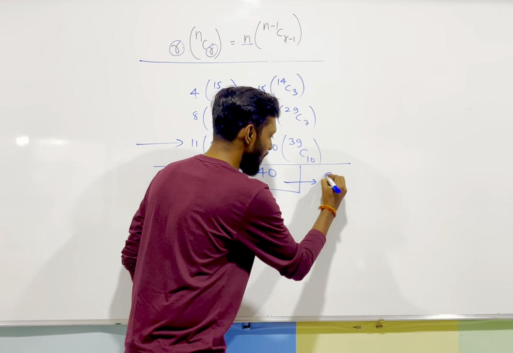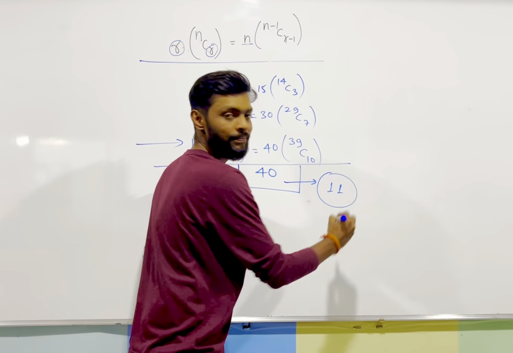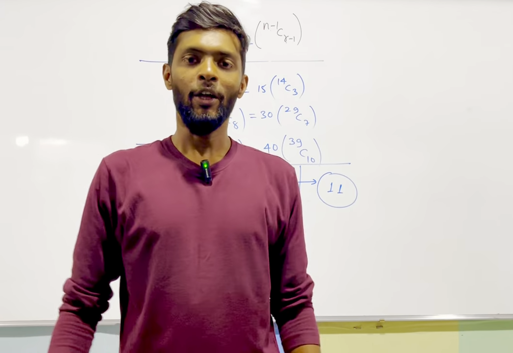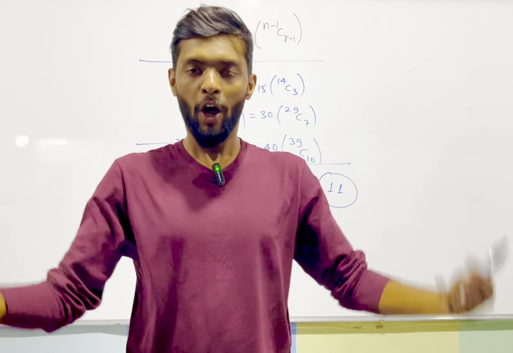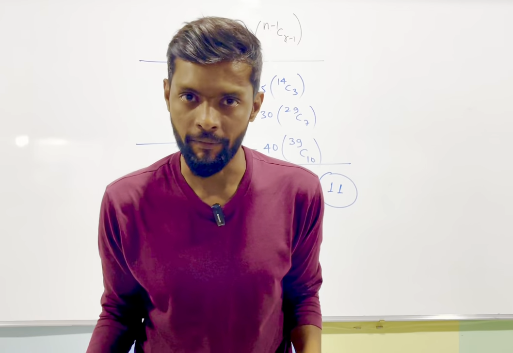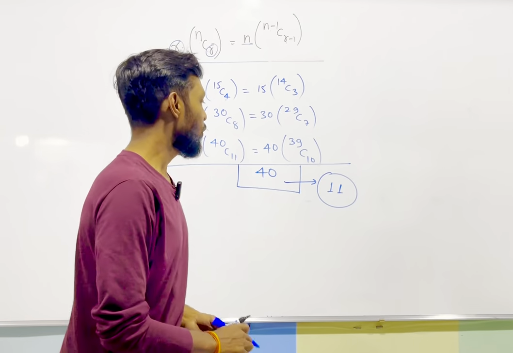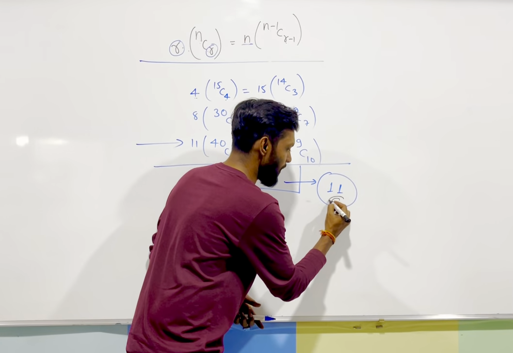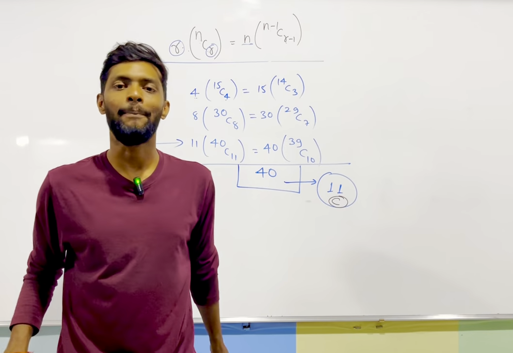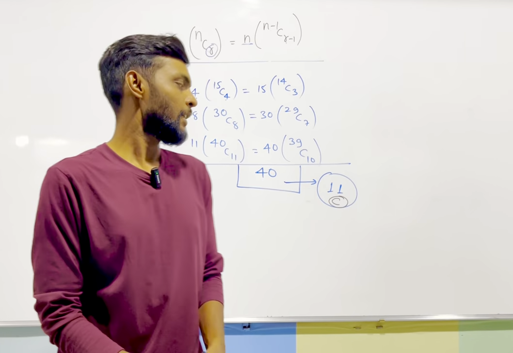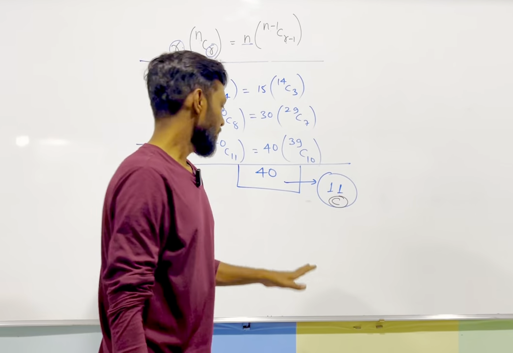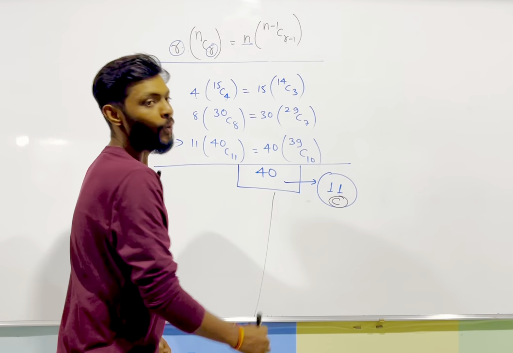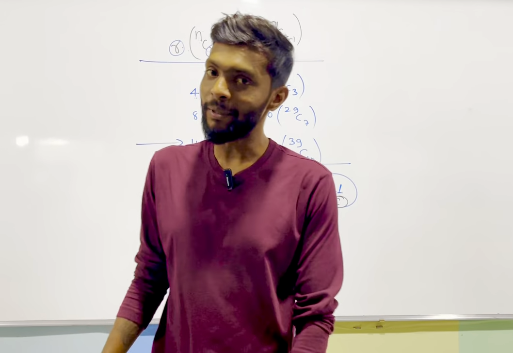You have to make your playing 11, and also you have to decide the captain among those 11 players. So the task is clear. Now in how many ways can we complete this task?